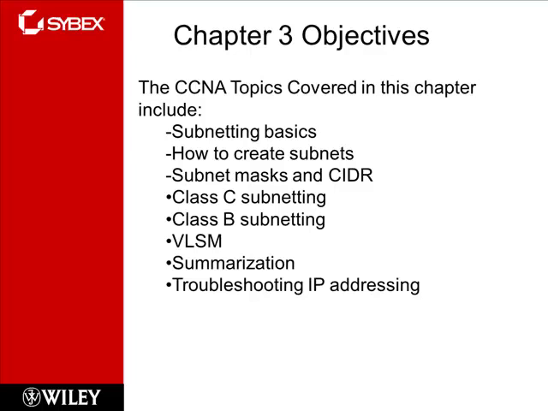If it doesn't work, when we get to the configurations next week and start talking about those, look at the configuration, see if it's got the ip subnet-zero command. If it doesn't, just put it in. And that's all it is. Subnetting basics, how to create subnets, subnet masks, and CIDR, Class C, B. We'll look at these things briefly.